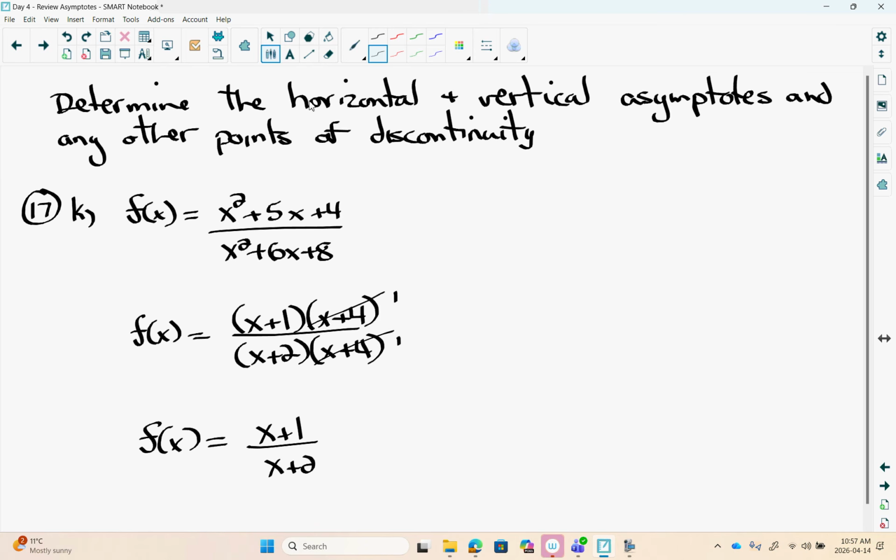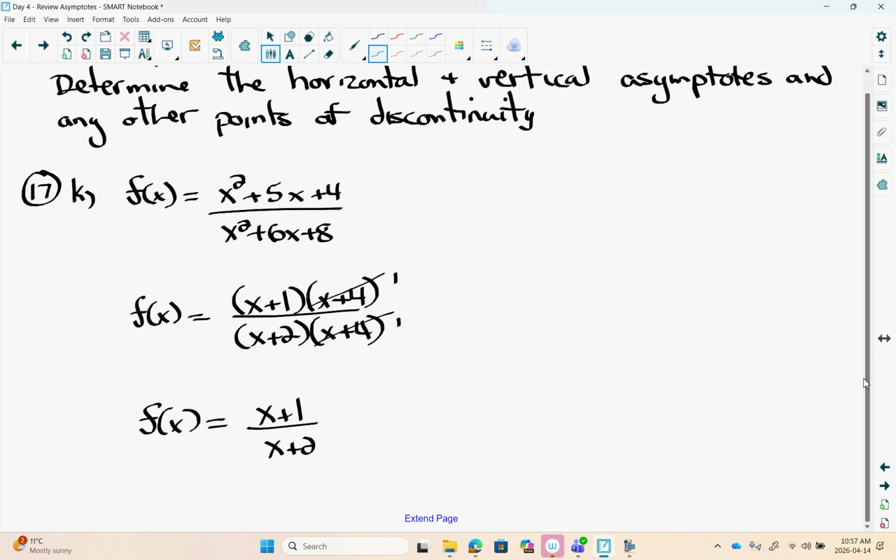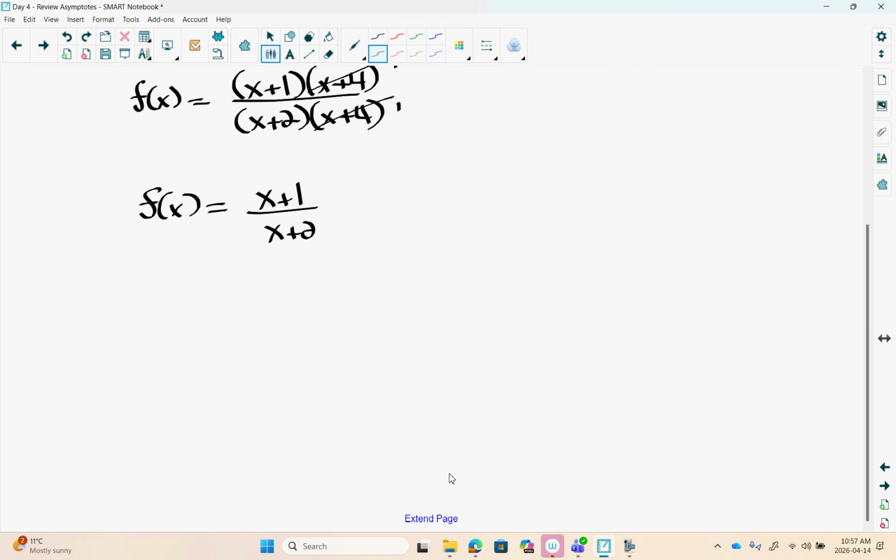I want to find the horizontal and vertical asymptotes. When it comes to the horizontal asymptote, this is what we learned yesterday. I want to find the limit as x approaches infinity of the rational function.